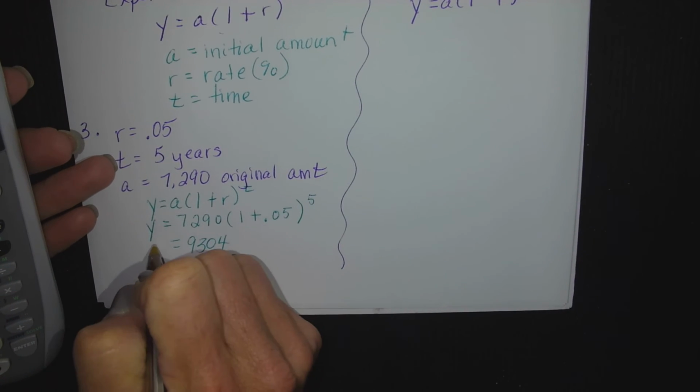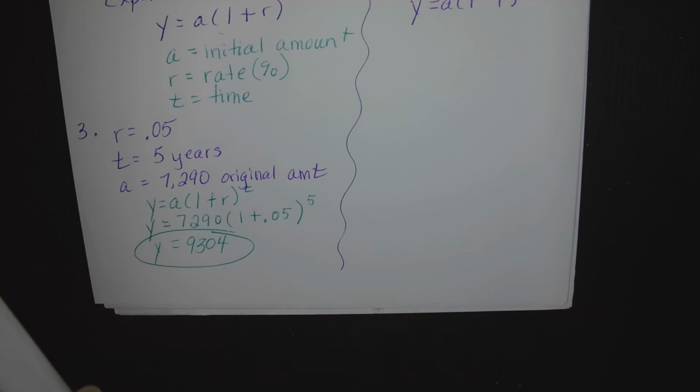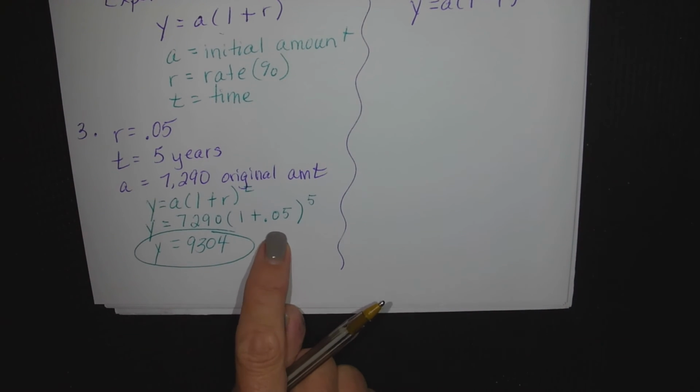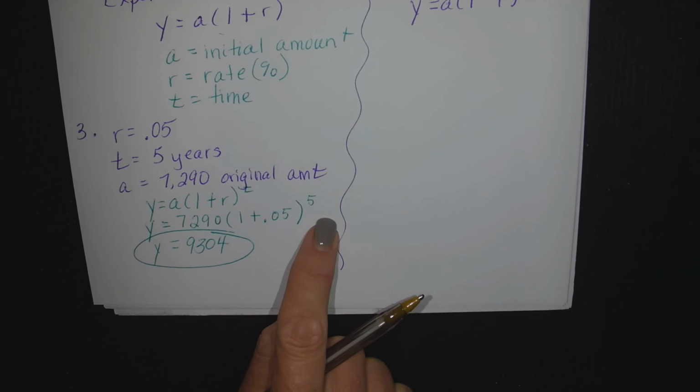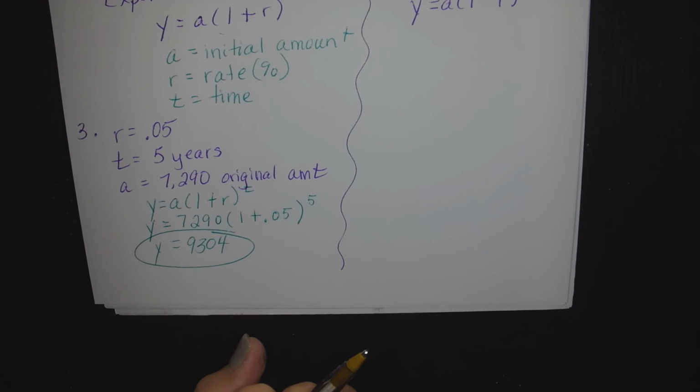I got 55,350. Okay, let's try it again. 1 plus 0.05. I did that. Did you take that to the fifth power? Yes. What'd you get? 7.59375. 1.05 to the fifth power is this.